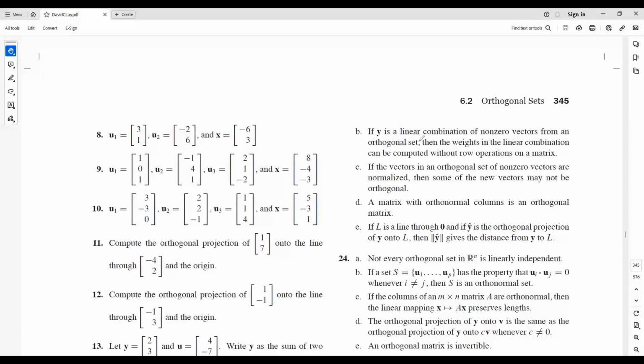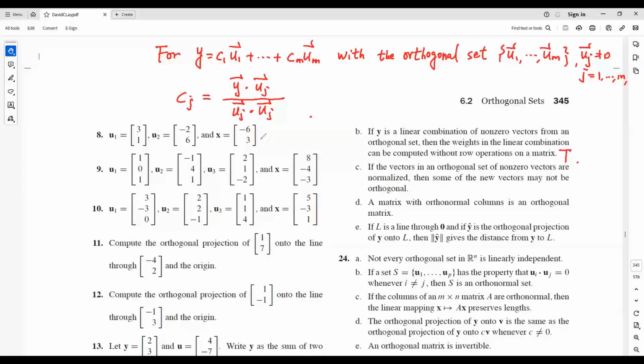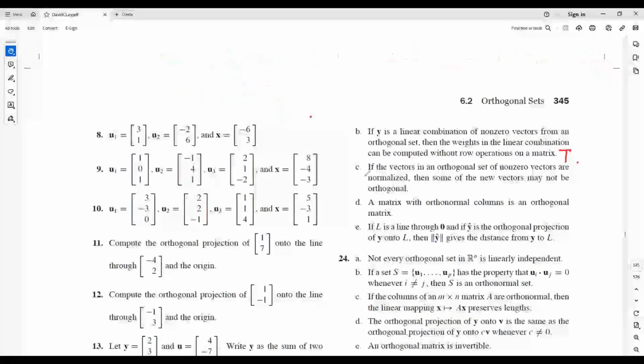B. If y is a linear combination of nonzero vectors from an orthogonal set, then the weights in the linear combination can be computed without row operations on a matrix. True. Thus we can use this formula to compute the weight c_j.